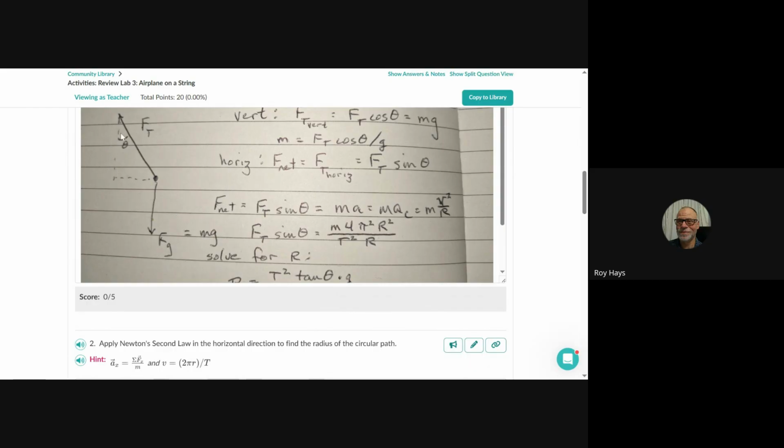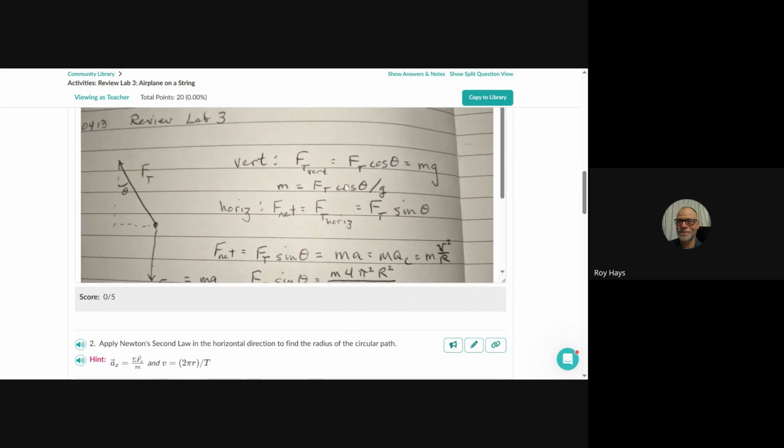So this upward component of the tension has got to be equal to the gravitational force downward, and that vertical component is the tension, the hypotenuse of this right triangle, times the cosine of this angle, equal to the mass of that airplane times the gravitational field strength. I can rearrange that to find that the mass is equal to the tension times the cosine of the angle divided by the gravitational field strength.